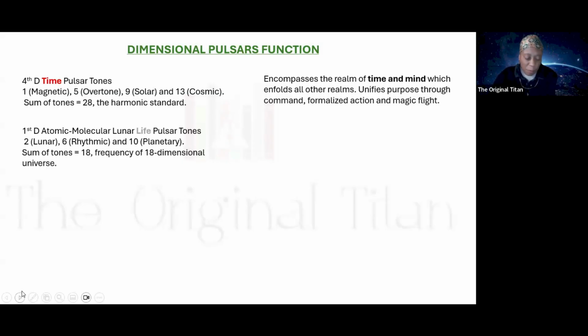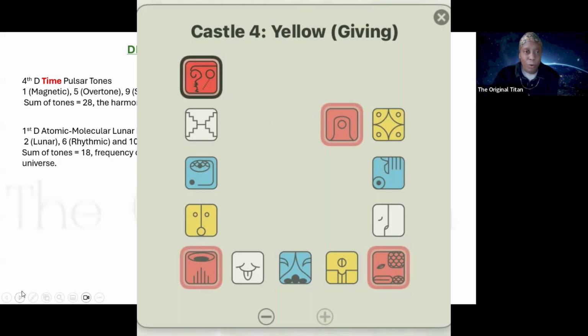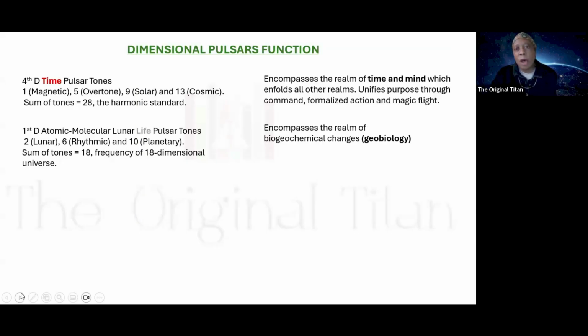Now, the first time dimension, we're talking molecular lunar. The life pulsar tones, 2, 6, and 10. That's all going to add up to a sum of 18 frequencies of 18 dimensional universes. We're talking here geobiology. Biogeochemical changes.